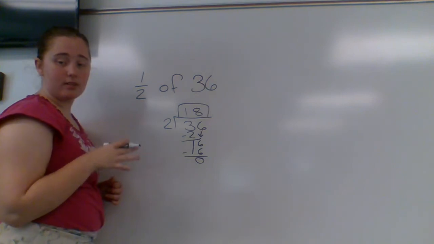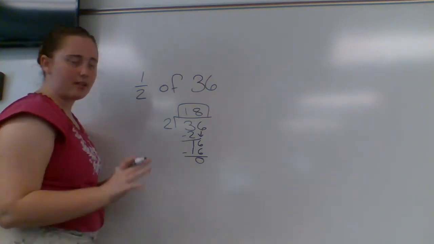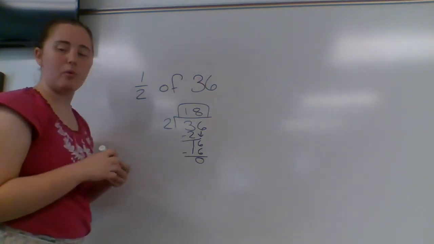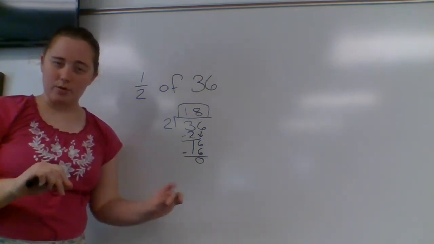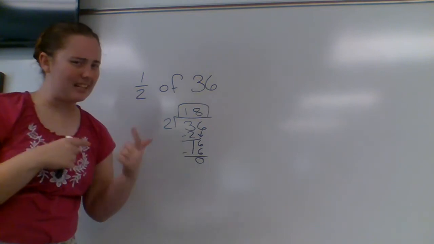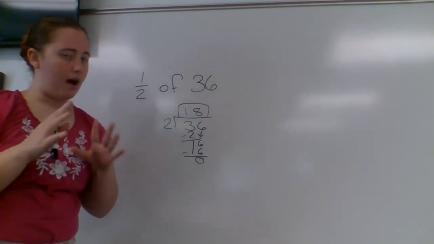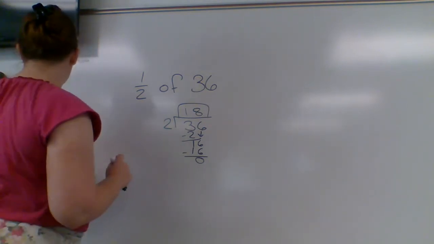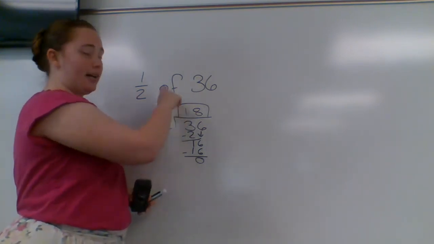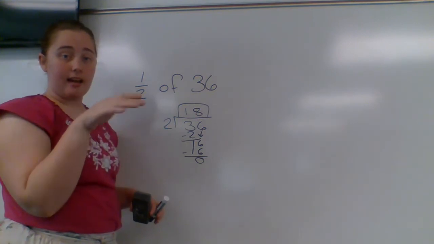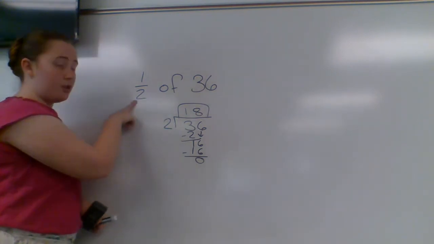Now, one that I did want to look at that maybe doesn't go out evenly, an example might be letter F in the book. I'm not going to have you do this one, but I will do it on the board so that we can see how we might do it. And another thing I wanted to point out with this one, my answer is 18. It's not 18 over 2.